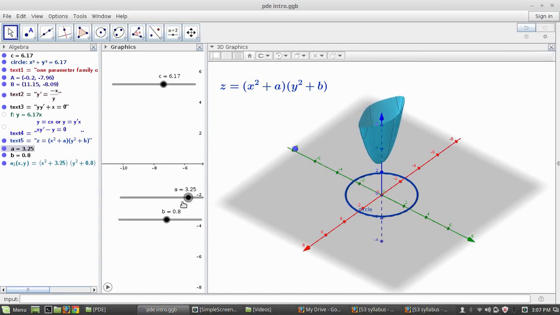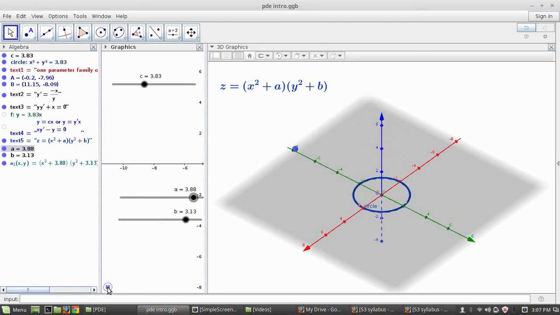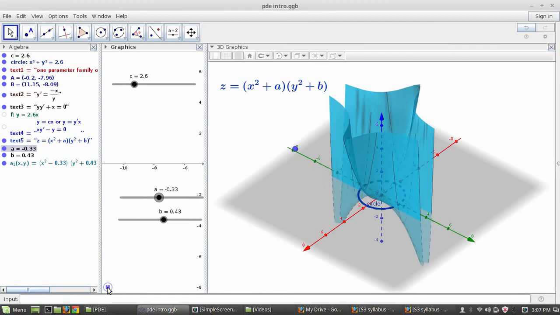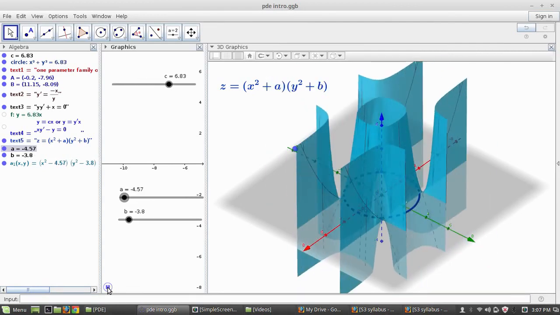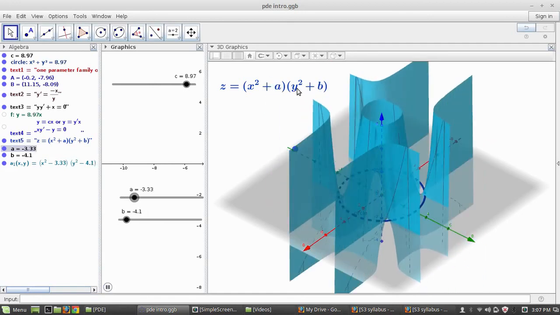So this is a family of surfaces. If you are simultaneously changing these two parameters a and b, we get different surfaces. So these are the different surfaces generated corresponding to the values of parameters a and b.